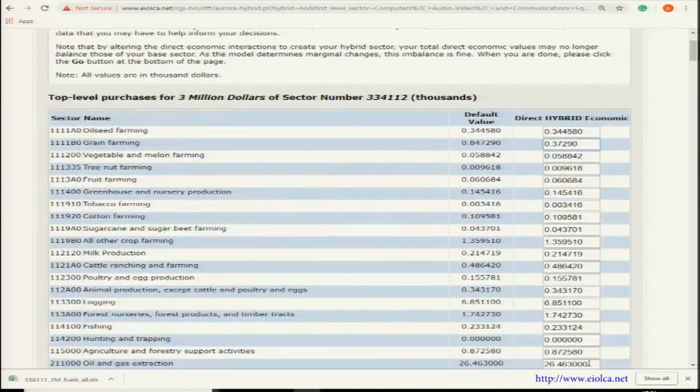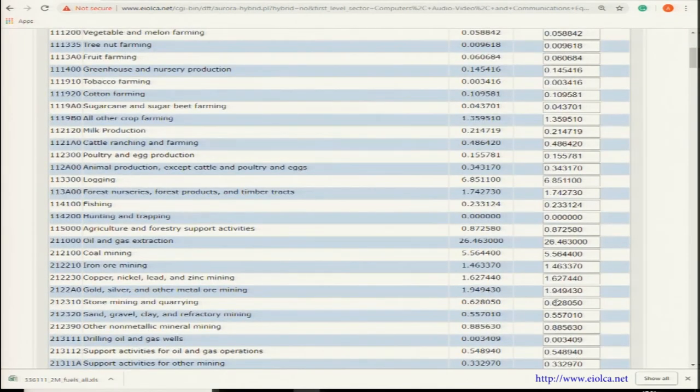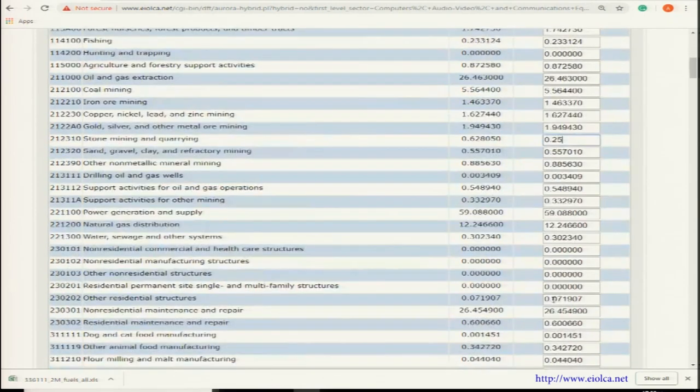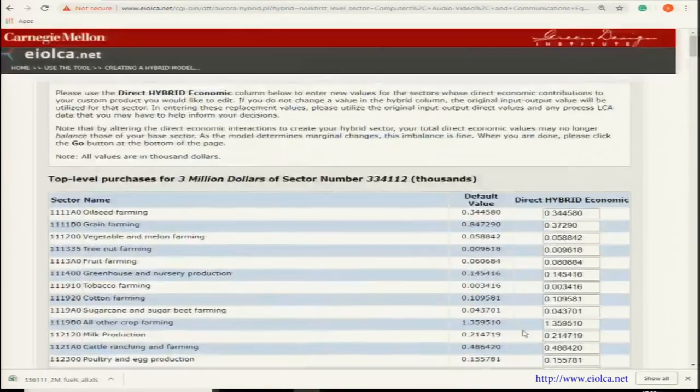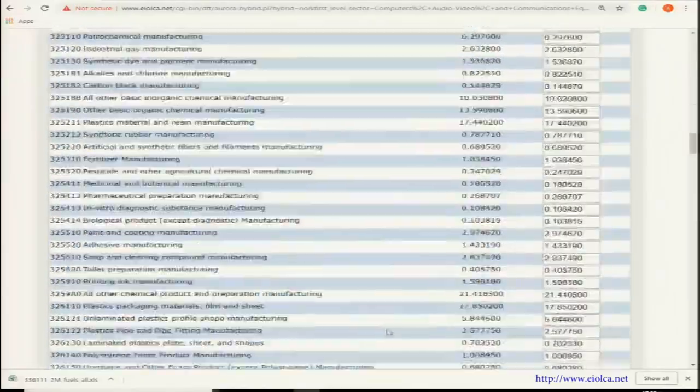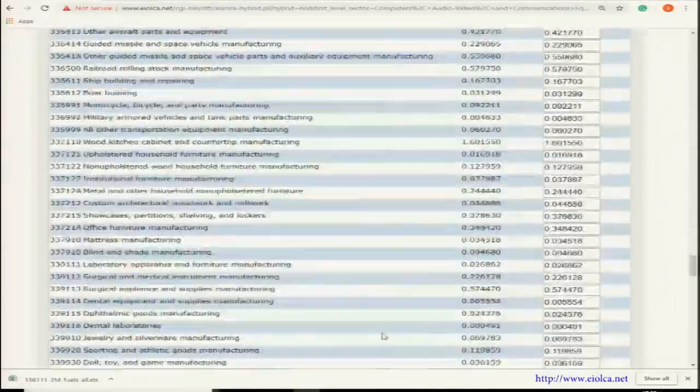We can change some other value, like for instance if we know that stone mining and quarrying does not have big economic activity, and a ballpark figure is there, we can put some value, like let me put 0.25. Okay. Now we have changed the values. This is the hybrid model and we can now run it.